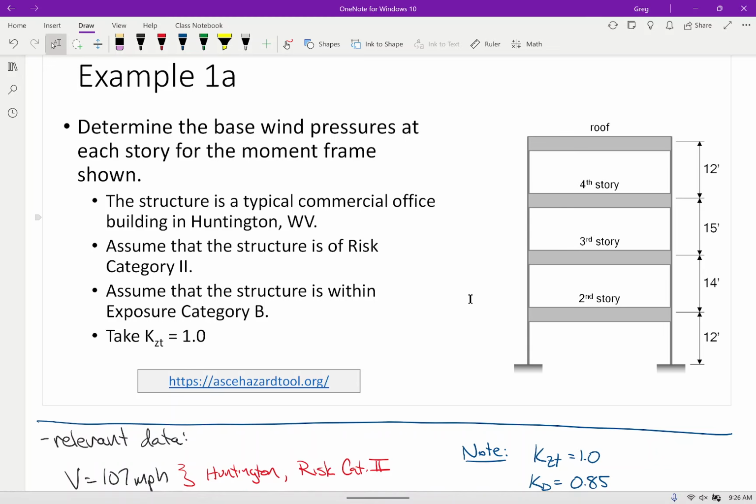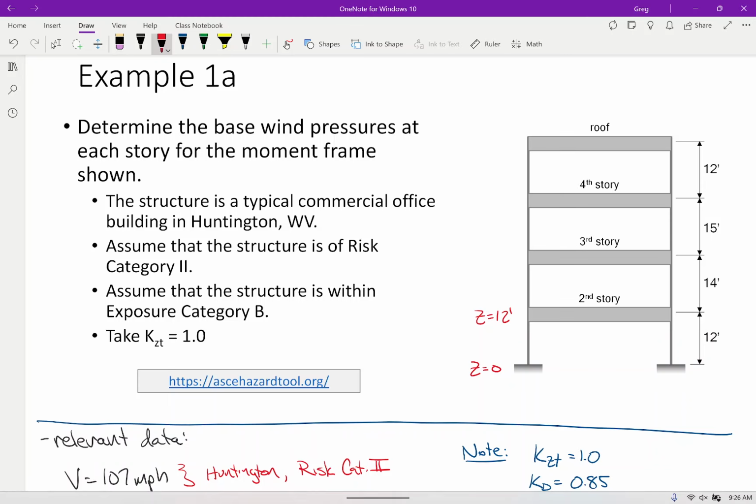So, for example, here I'm going to say the elevation is 0, and here I'm going to say the elevation is 12 feet. What's the elevation of the third story? If I'm here, how far up am I off the ground? 26 feet. Okay, there we go.